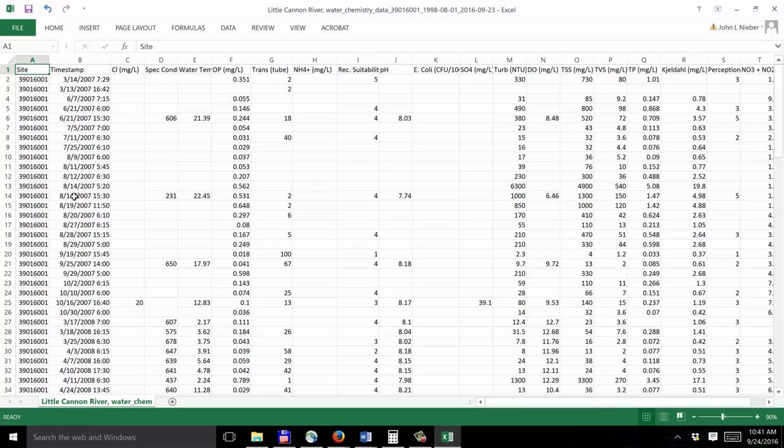Some of these have two values on a given day, but for instance on March 14th, 2007, you'd be able to go to the March 14th, 2007 data record from the river discharge, and use that discharge as the value associated with the time when this sample was taken.